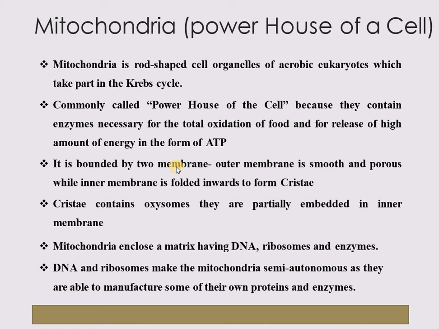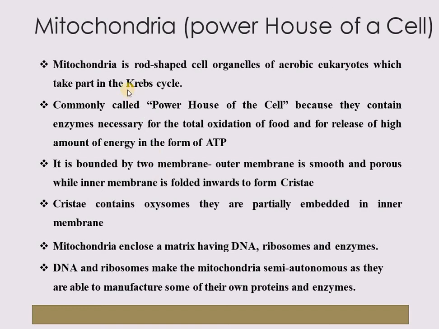Mitochondria are also capable of self-duplication, that is they can replicate. They have DNA, they have RNA, ribosomes and enzymes. So they are able to synthesize some of their own proteins. Hence, they are also known as semi-autonomous organelles of the cell.